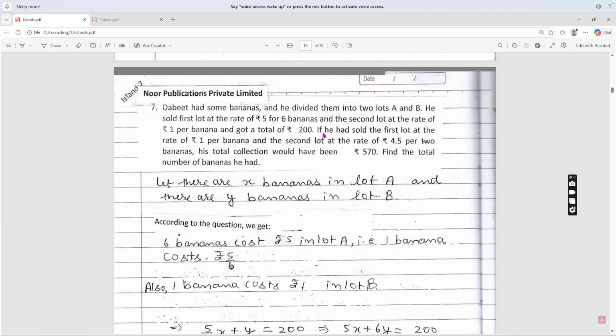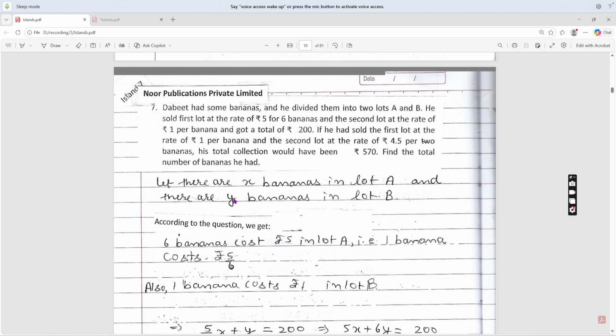So again we can see, if we had sold the first lot at the rate of rupee 1 per banana, it means the number of banana in lot A, which is x, multiplied by rupee 1 would give us the selling price of the banana which are sold in lot A, plus y into rupee per banana, that is 4.5. It means 9 by 2.